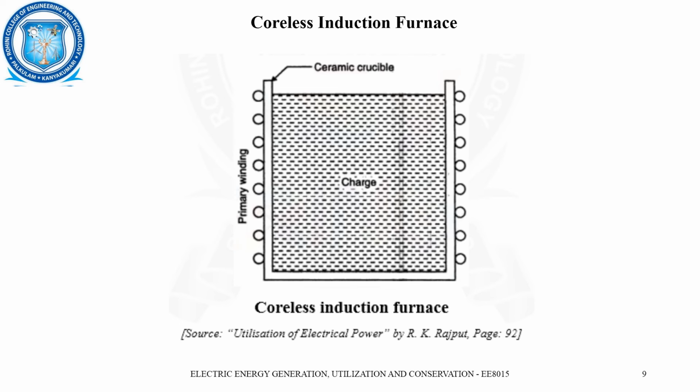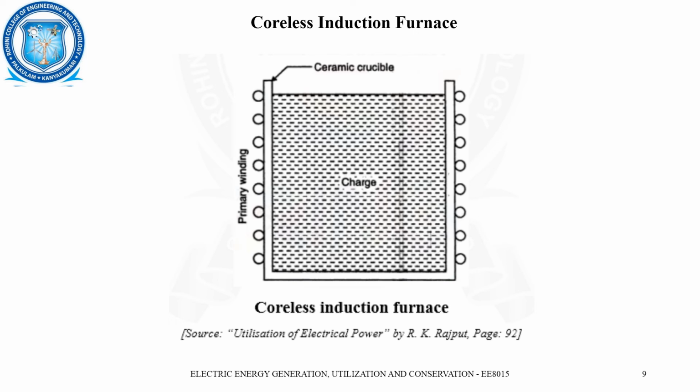Considering the coreless induction furnace, there is no core here. We simply use a ceramic crucible, which is like a container where the charge is placed. The primary winding is wound around the ceramic crucible, sorry, not the core.